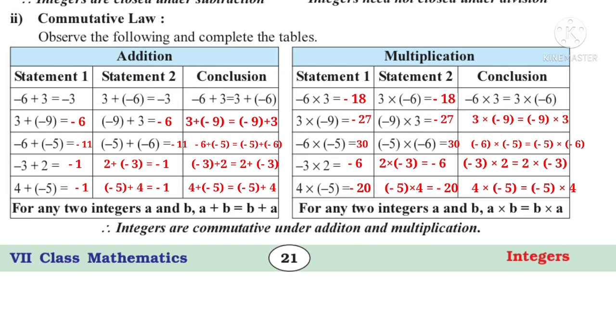The products we get after multiplying any two integers are the same as the product when they are interchanged and multiplied together. So here the operation is multiplication. For any two integers a, b belonging to Z, a into b is equal to b into a. Therefore, integers are commutative under addition and multiplication.